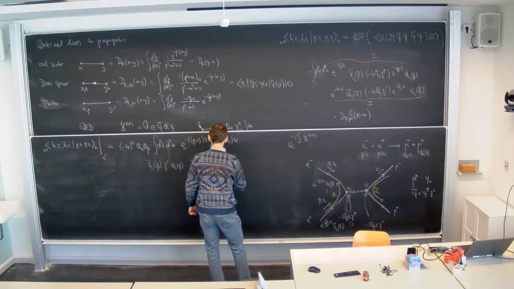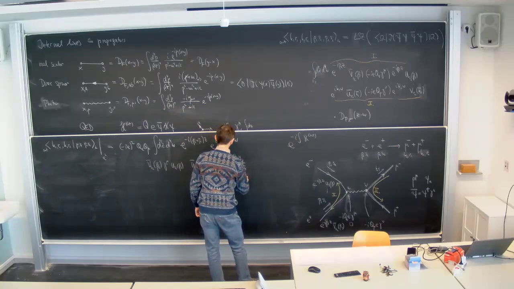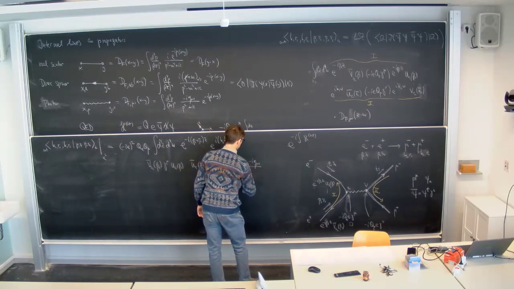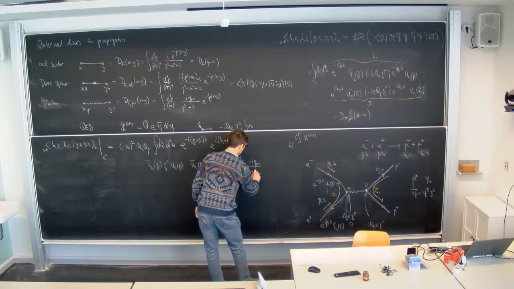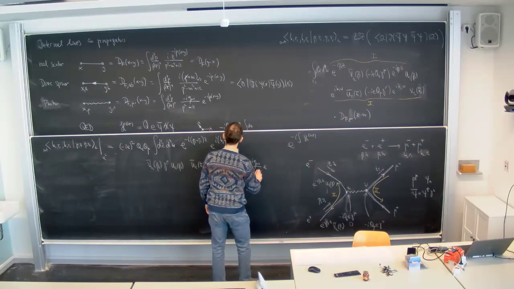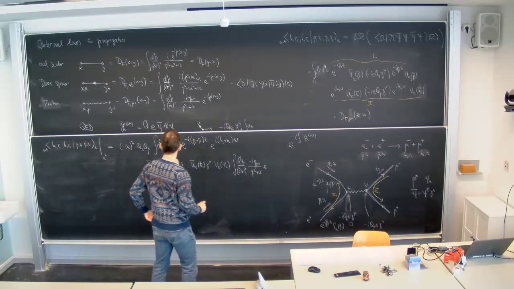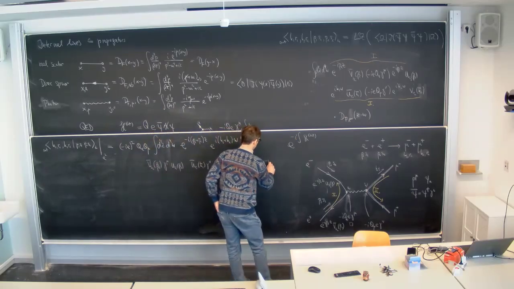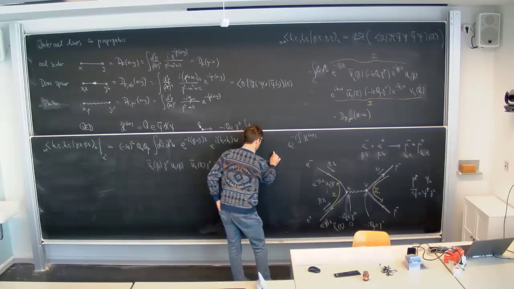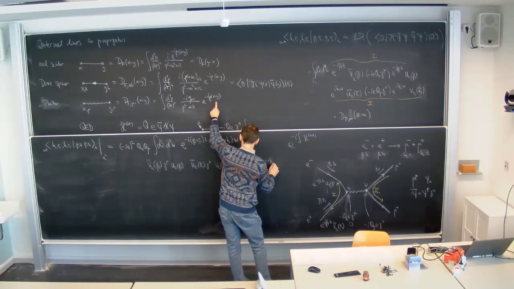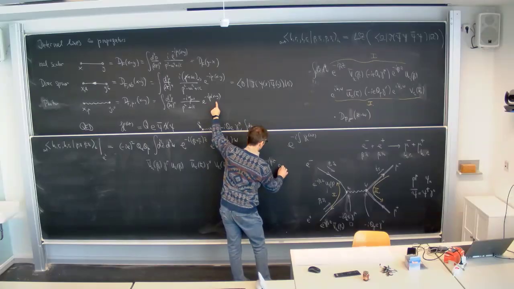So the Fourier representation. P is a bad letter, so let's call it Q. It's a dummy, so minus i eta mu nu over Q squared plus i epsilon, e to the minus iQ(x minus z), and then there's an e to the iQ w.